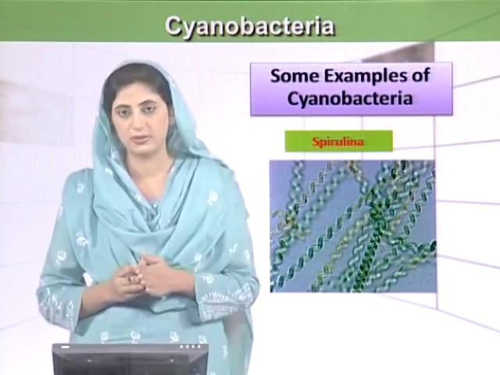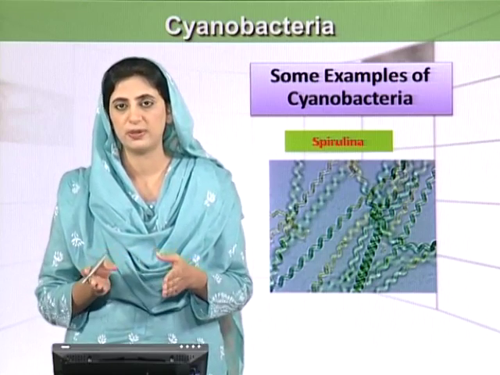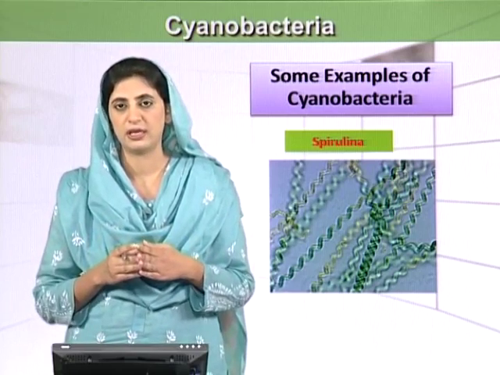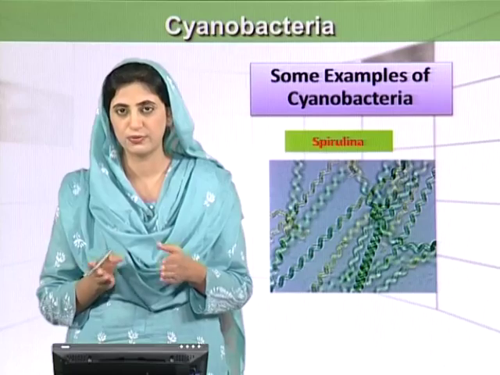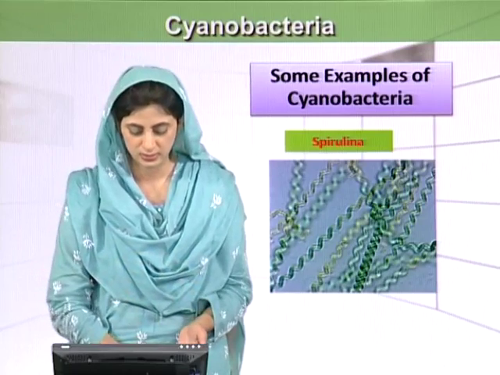Talking about the examples of cyanobacteria, we have spirulina, which is a filamentous cyanobacteria, and as it is rich in vitamins and certain other nutrients, they are packed and used as nutritional supplements.